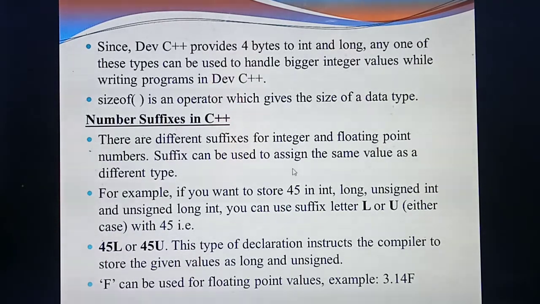One example they have given. For example, if you need to store a value 45 in memory, in which data types can you store it? 45 is an integer, normally. So this integer value you are going to store as a long int or an unsigned long int.